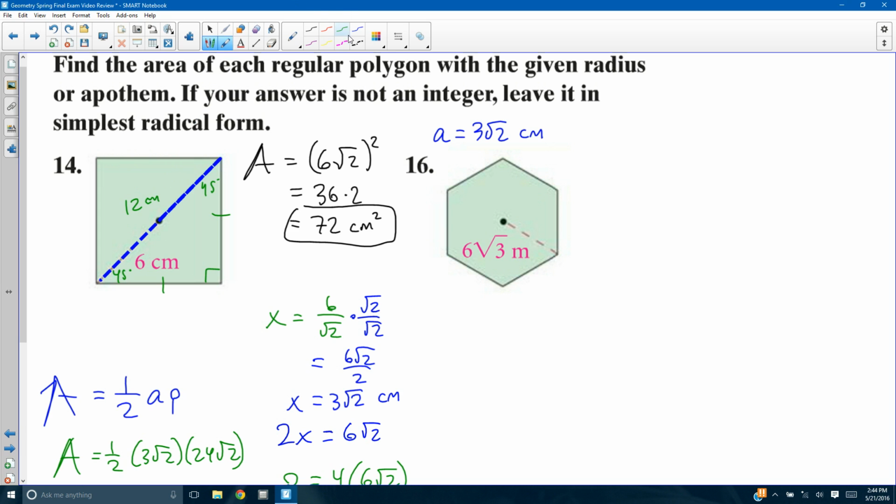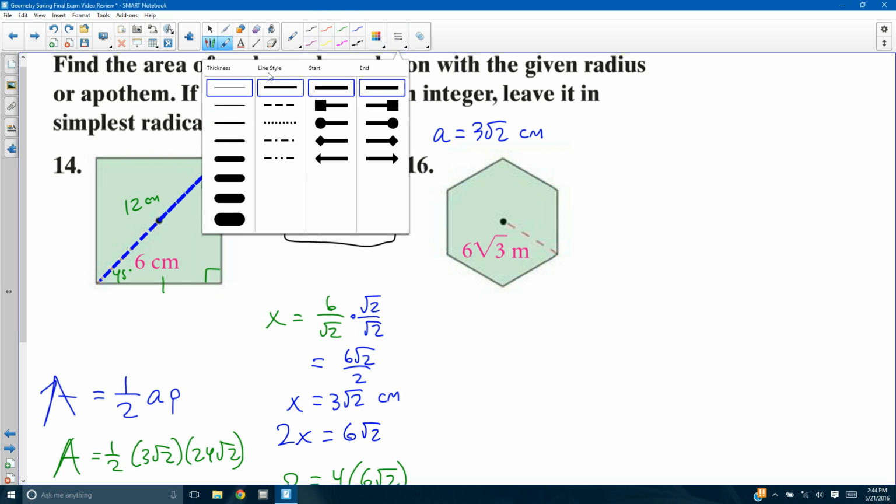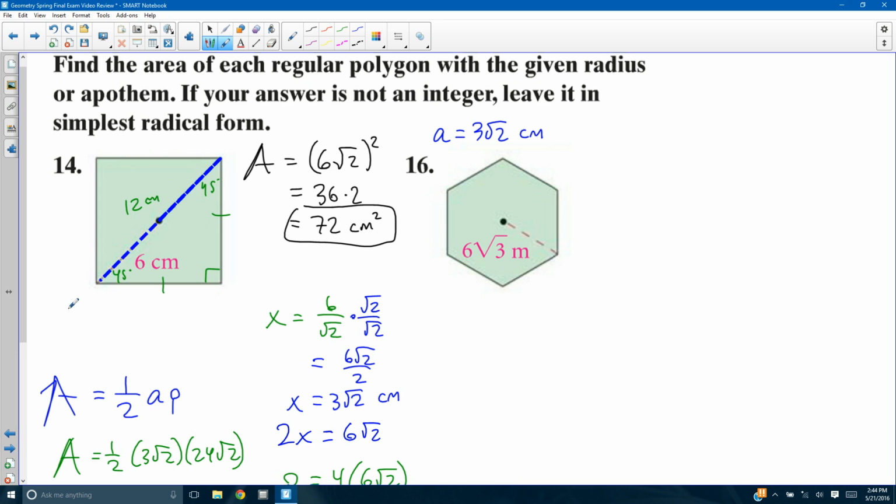So in this case right here, once again, if you want to find a side length, it's root 2 times smaller from the hypotenuse to any side length. So if I call this x right here, then x is 12 divided by the square root of 2, which if I multiply by root 2 over root 2 will give me 12 root 2 all over 2, which is 6 root 2 centimeters. So now that your x is 6 root 2 centimeters, take it, multiply it by itself, and one more time, you get 72 square centimeters.